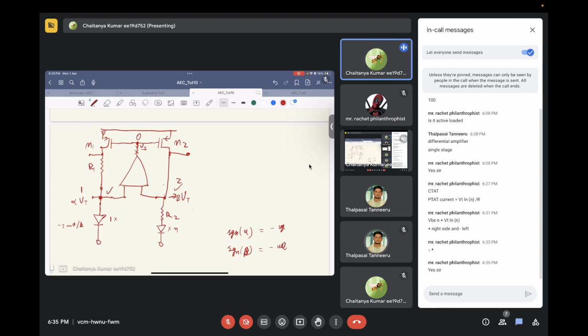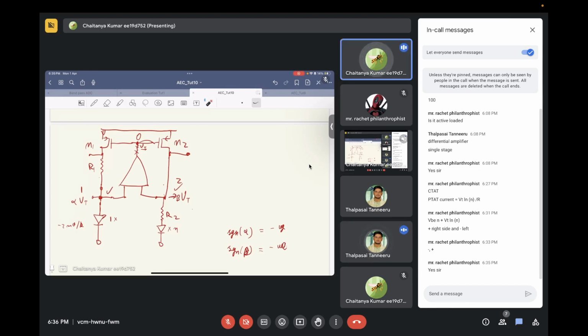Will the gain from node O to 2 be higher, or the gain from node O to 1? Sir, node 2, because of more diodes.